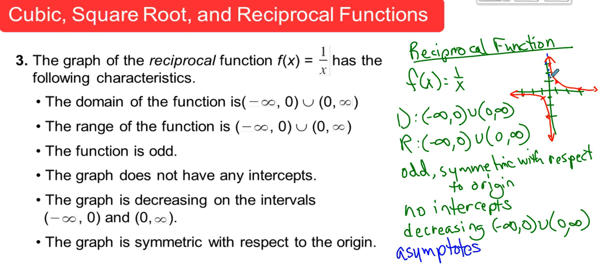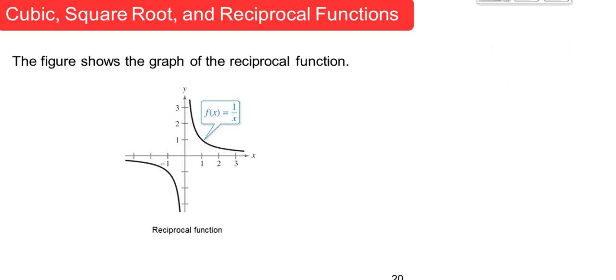One asymptote is the vertical line at x equals 0, and then it also has an asymptote that's going to go that way, and I have it poorly drawn, but y equals 0 as well. So it has two asymptotes. Those are values that it gets very close to, but never actually hits.